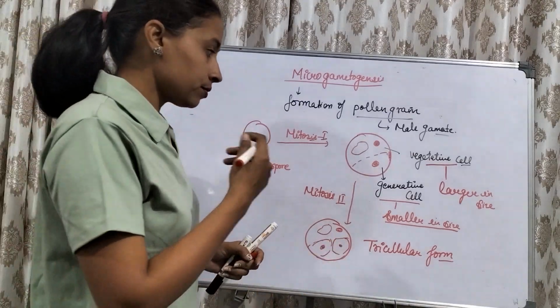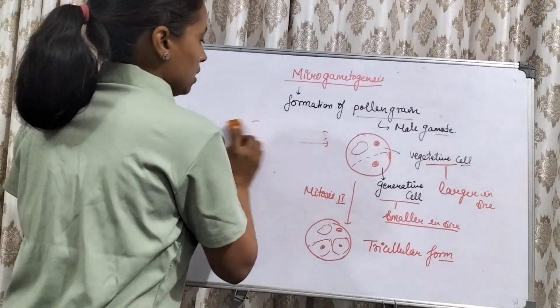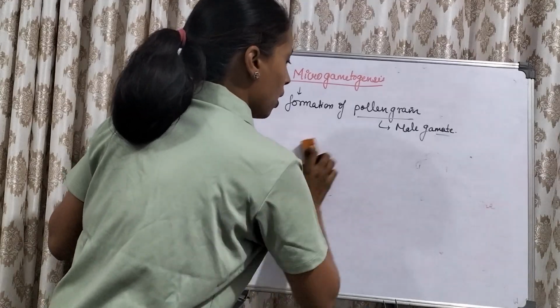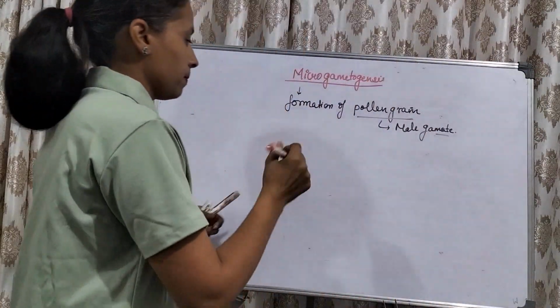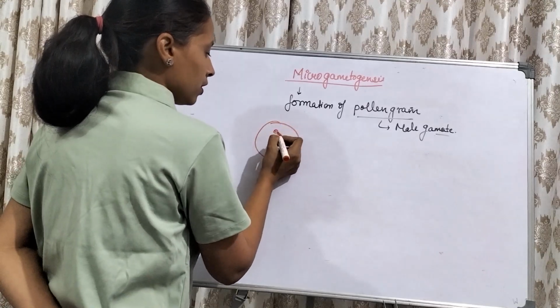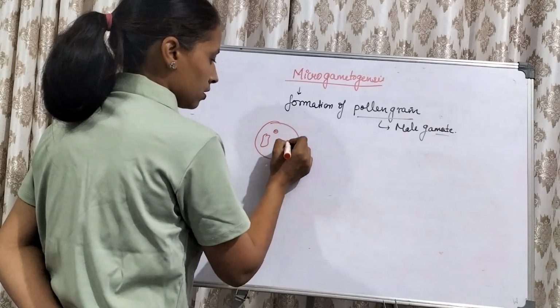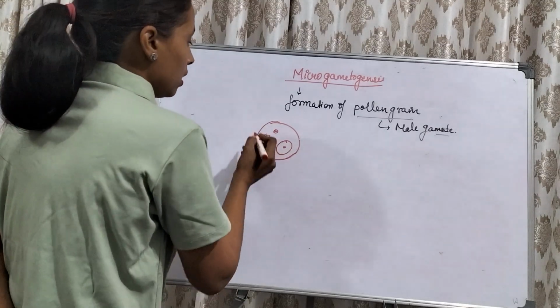Now we discuss this pollen grain. Here the pollen grain is formed, a two-layered pollen grain.